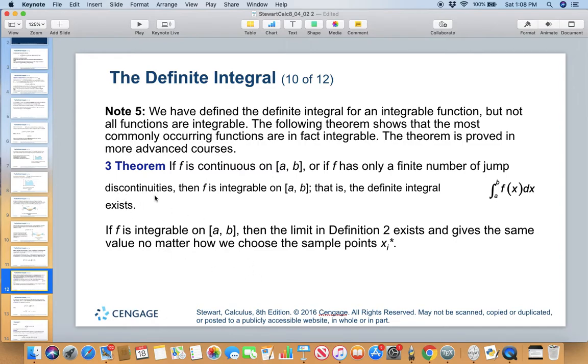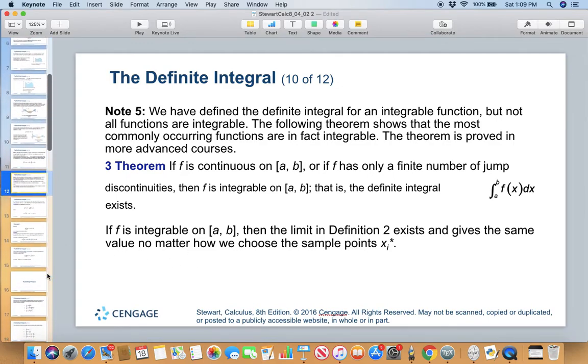We also do not want infinitely many discontinuities. As long as you have a finite number of discontinuities and those discontinuities are jump discontinuities, this limit, that is the integral, will exist, and it gives the same value no matter how we choose the sample points xi*.